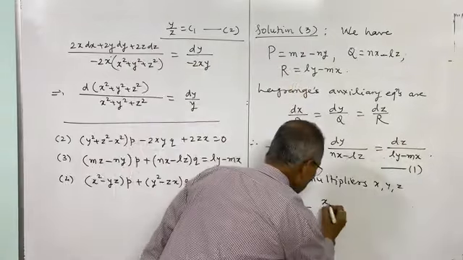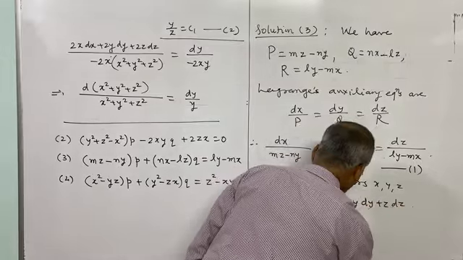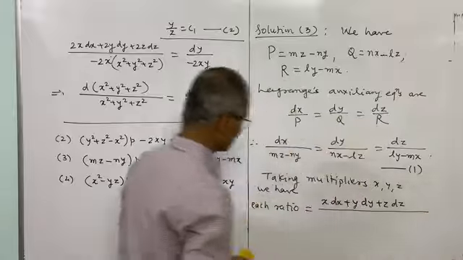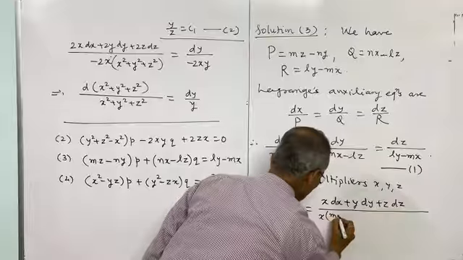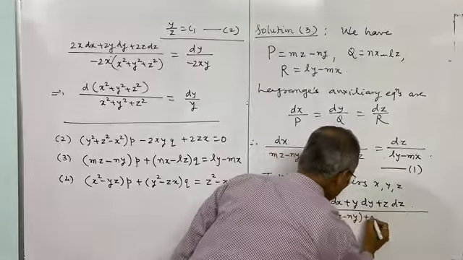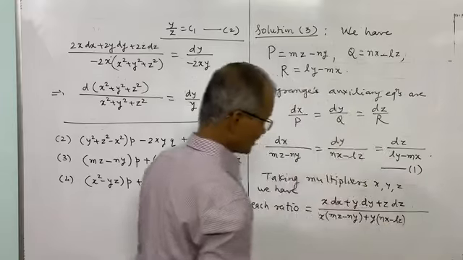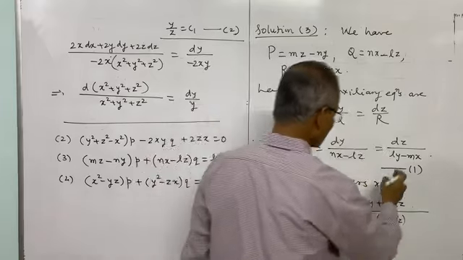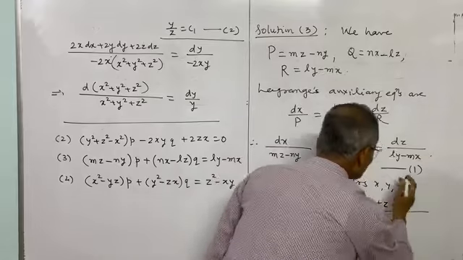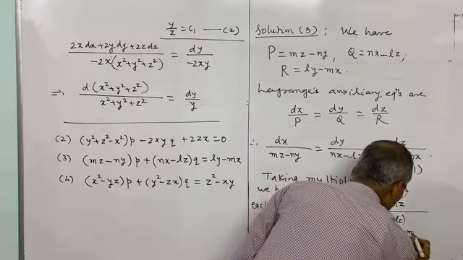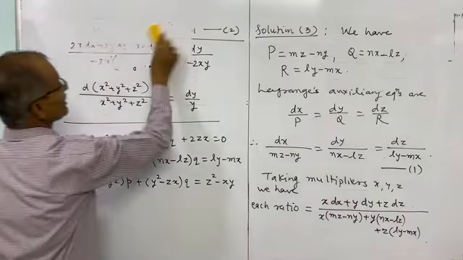So that is x dx plus y dy plus z dz divided by, if you multiply this by x, it can be written as x into mz minus ny plus y into nx minus lz, plus z into ly minus mx. So this we have obtained, and you see that it can be simplified further.